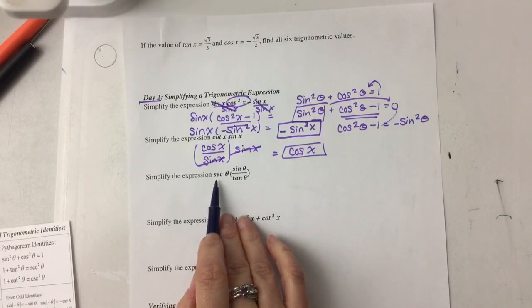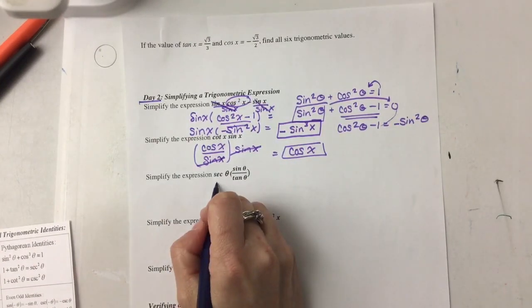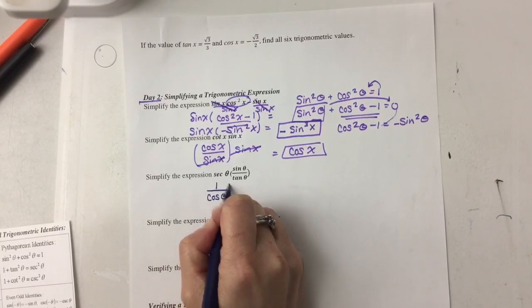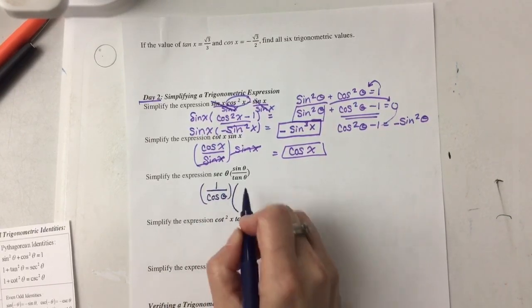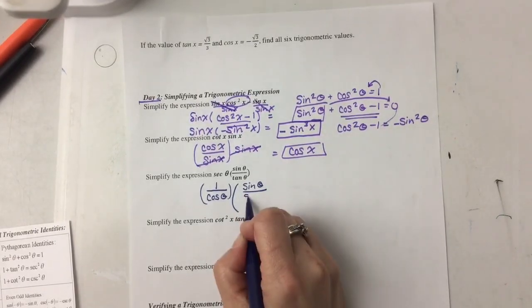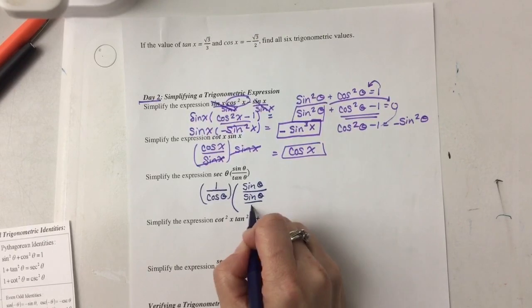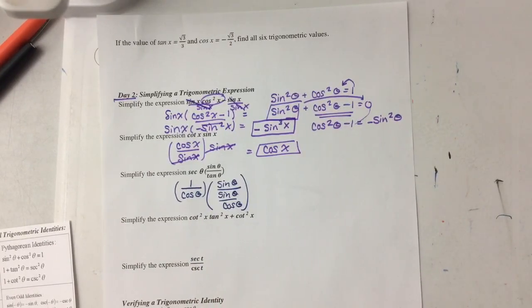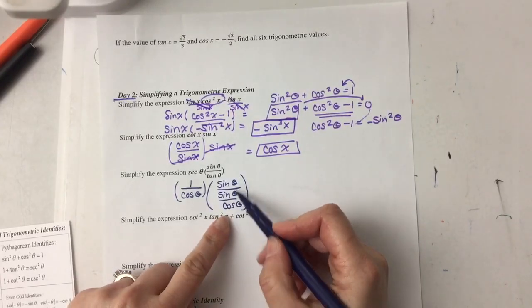A secant. All right, secant is 1 over a cosine of theta. Now, if I'm looking at this, well, I have the sine of theta. Tangent of theta is sine of theta over cosine of theta. So this is kind of a lot of stuff going on. First thing that I notice here is I'm trying to divide a fraction.